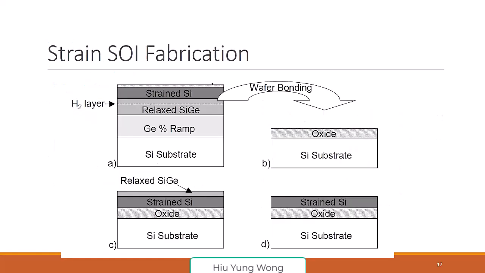Okay, so how do we fabricate strained SOI? Now, this is another topic. Can we start with a strained layer, instead of relying on the stress? So this is what we do. We start with silicon, and then we increase the germanium fraction, so they will still be relaxed.